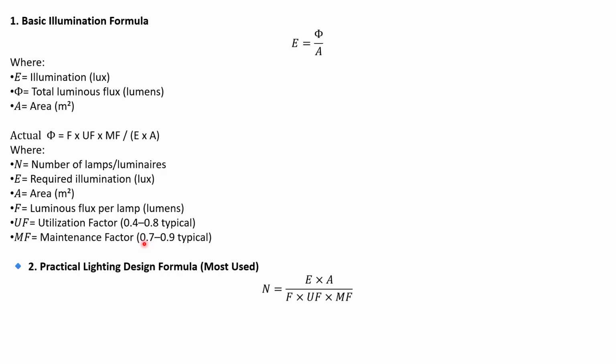Generally, it falls 0.7 to 0.9. The practical lighting design formula becomes N equal to E into A divided by multiplication of F with utilization factor and maintenance factor.